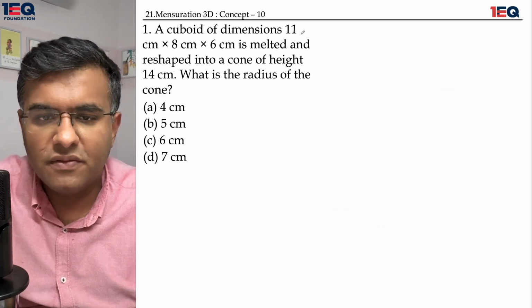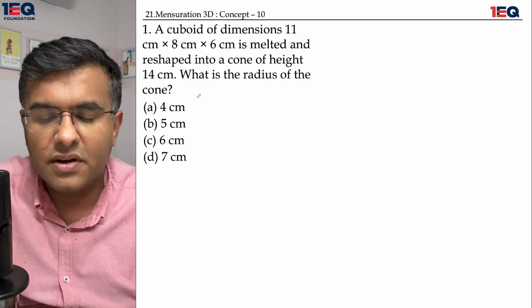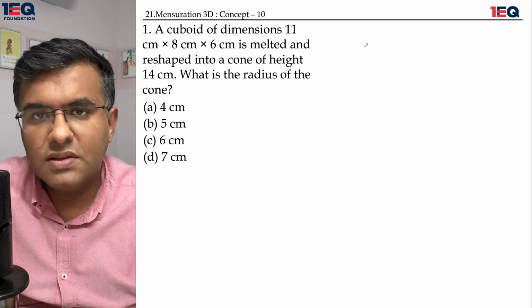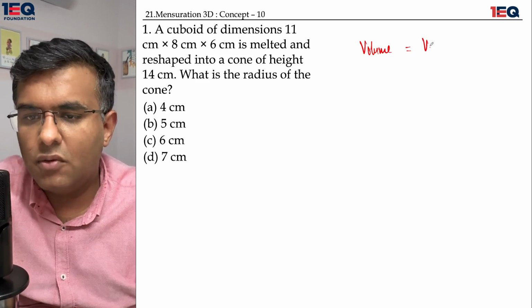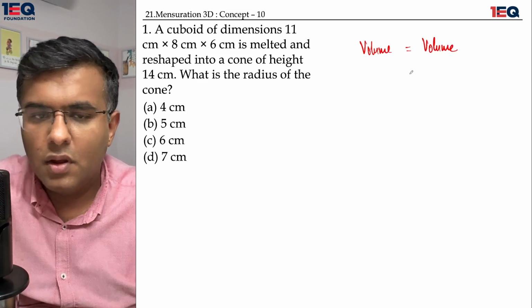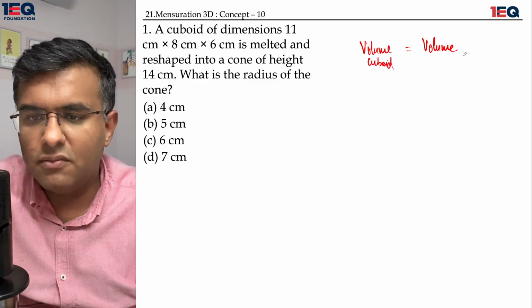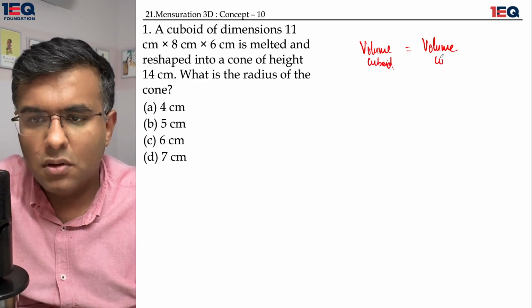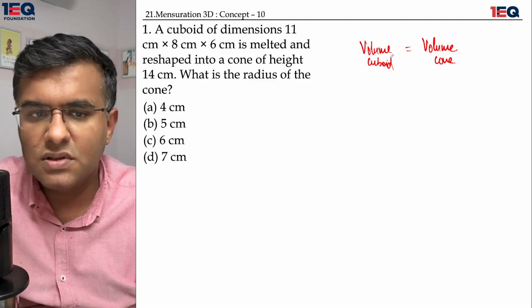A cuboid of this dimension is melted and reshaped into a cone of height this. What is the radius of the cone? In this situation, we need to have the volume being equated with volume. The first volume would be that of a cuboid, and the second volume would be that of a cone. So cuboid versus cone.